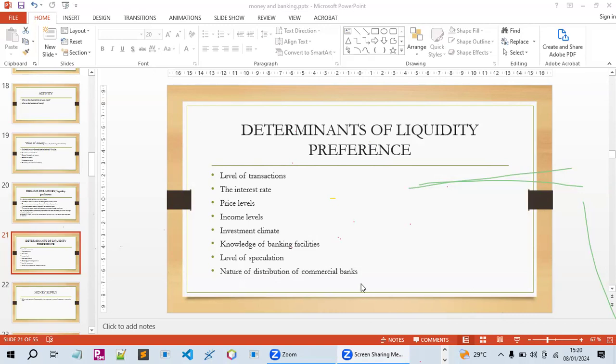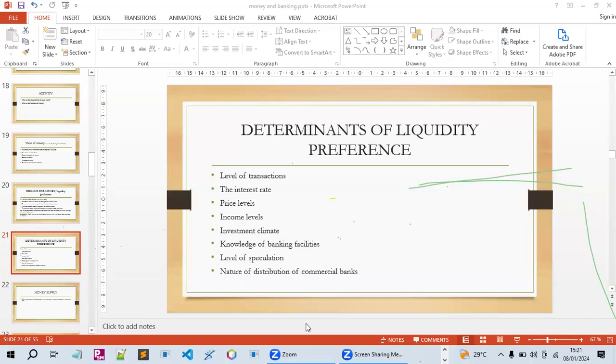And then for the level of speculation, when there is a high level of speculation among the people, it will lead to low liquidity preference, since they easily invest their money elsewhere at an interest both in the short and in the long run.